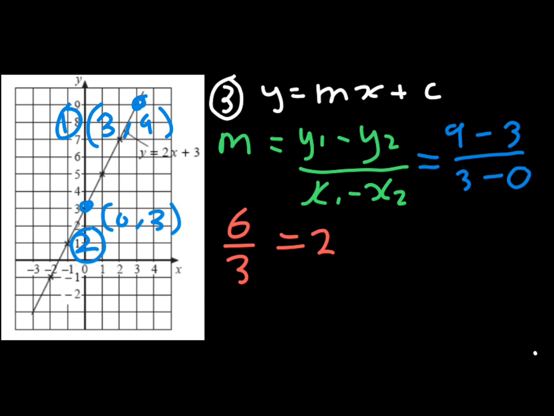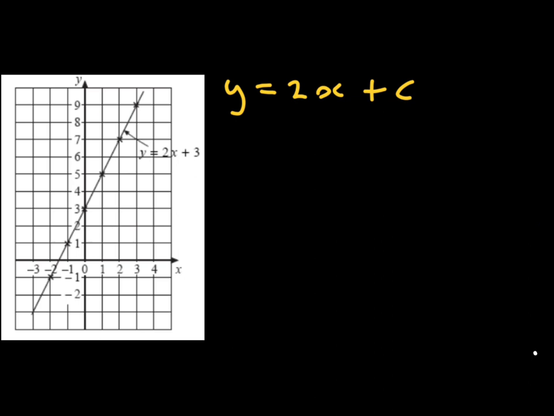So we can rewrite our formula, and it will be y equals 2x plus c. Once again, we are now left with finding c. Once again, to find c, we need to substitute in one of the points on our graph. Once again, it does not matter which point we pick as long as it is a point on our graph.